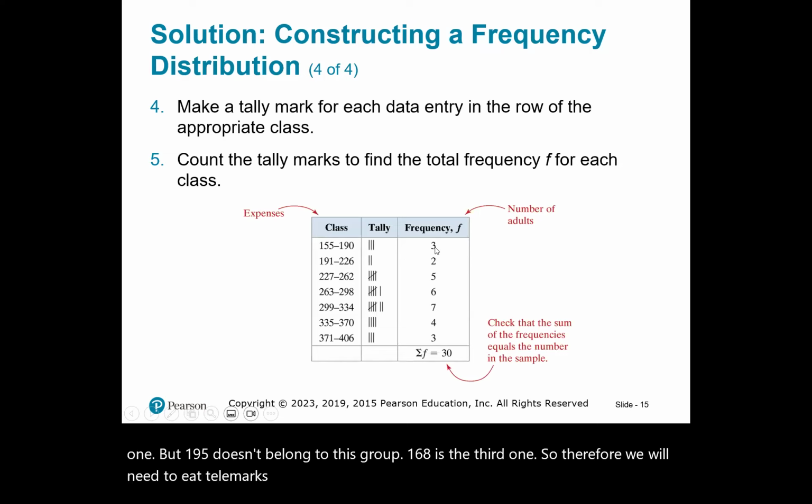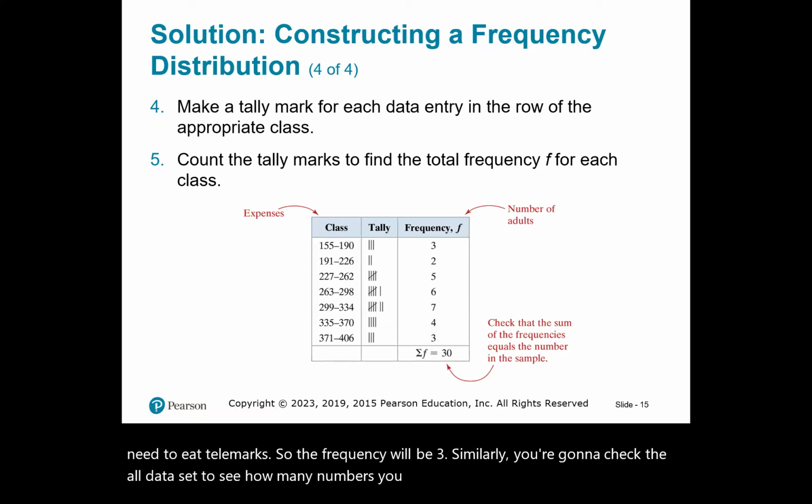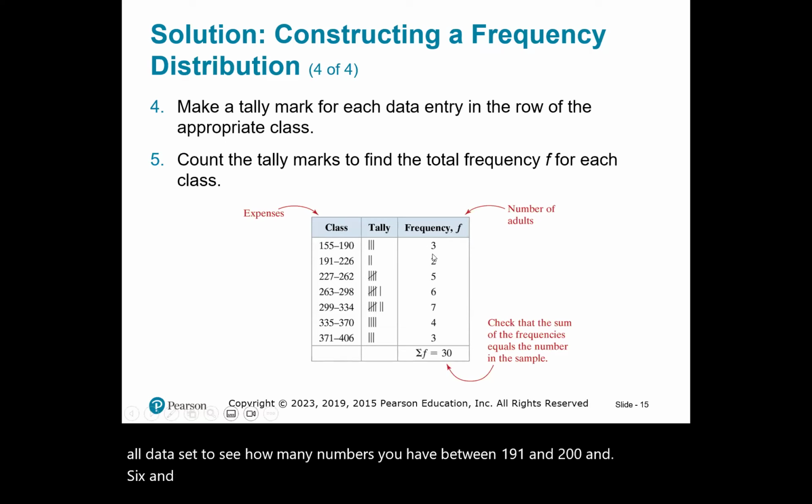Similarly, you're going to check the whole data set to see how many numbers you have between 191 and 226, and then you're going to find the frequency. So you're going to create tally marks, and then you're going to write down the number for each frequency. Now, these are the minutes they spent on screen time, and these are how many adults are within each interval.